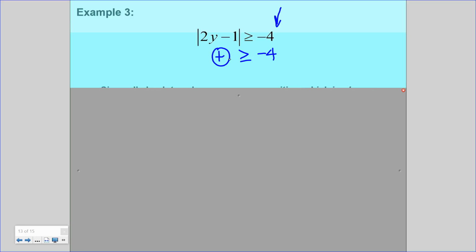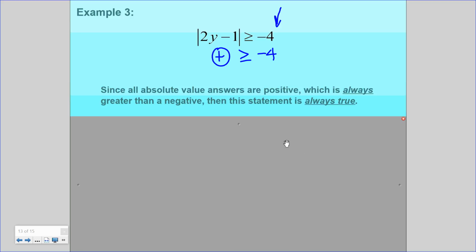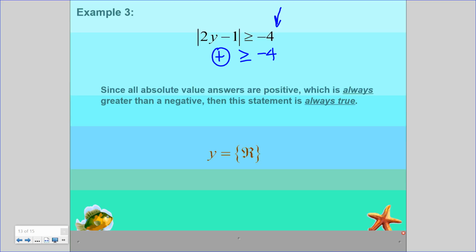However, any positive is always greater than a negative. So since all absolute value answers are positive, which is always greater than a negative, this statement is actually always true, meaning that your solution is the set of the real numbers. This is all real solutions because any number will make this inequality true.